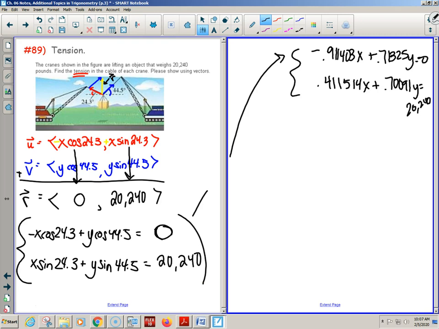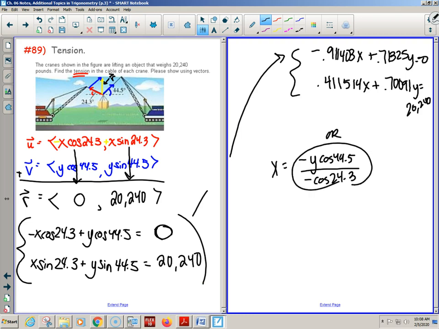Could you then, just like we did up there, solve for an x and plug into the other equation and then eventually solve for the y? Yes, they're just gross, but you can. Here's the other way. Ready? Can you follow my logic? What did we solve for? X? Can you follow my logic and say x is equal to negative y cosine of 44.5 all over negative cosine of 24.3?